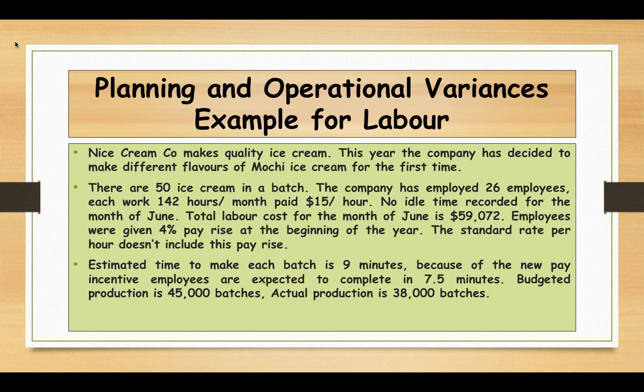Budgeted production is 45,000 batches. Actual production is 38,000 batches. So there is a change in the rate and also a change in the time. Calculate the labor planning and operational variances.